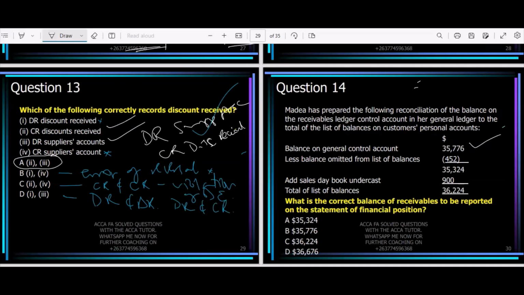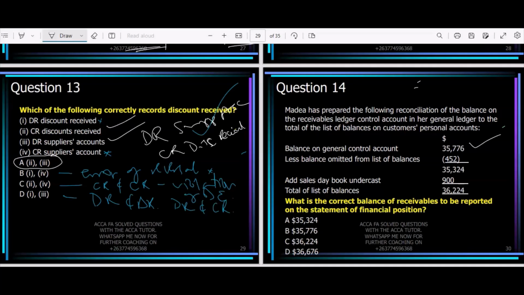That balance should be equivalent to the figure reported in our SFP. So we then have to correct the figures.